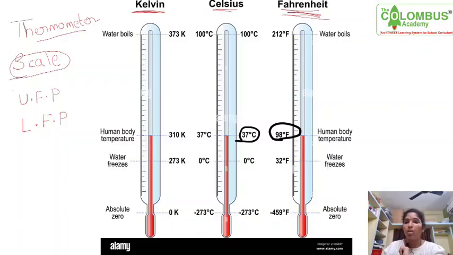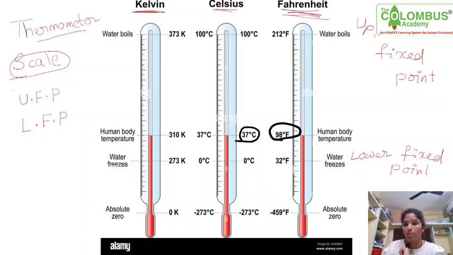What is the meaning of UFP? Upper fixed point, and the other one is lower fixed point. The upper fixed point and the lower fixed point are different in different scales.